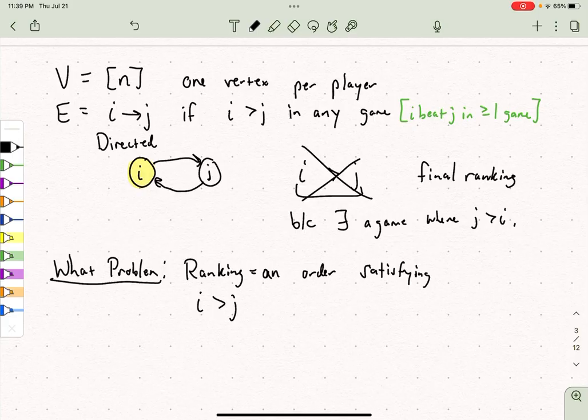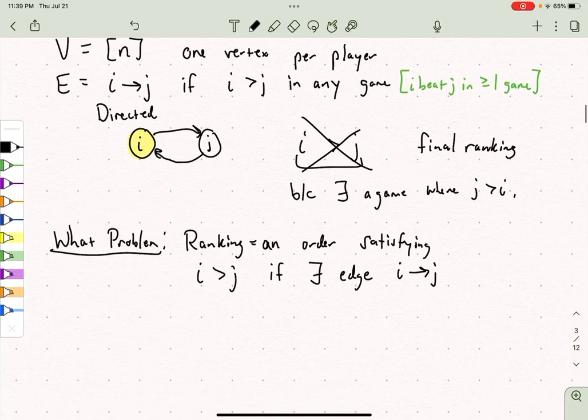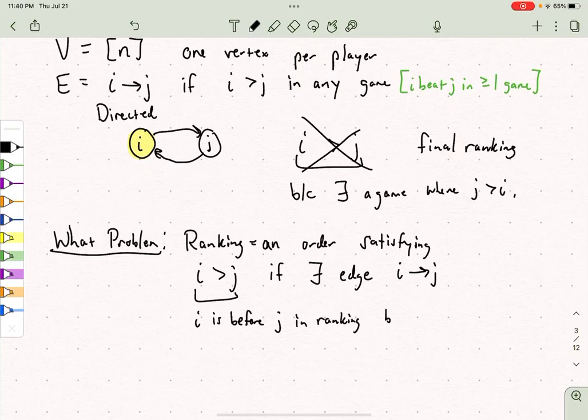So I comes before j in the ranking if there exists an edge I to j. So if there's an edge from I to j, we want I to be before j in the ranking because I beat that player. So this is the same as saying I is before j in the ranking because player number 1 is the best spot.